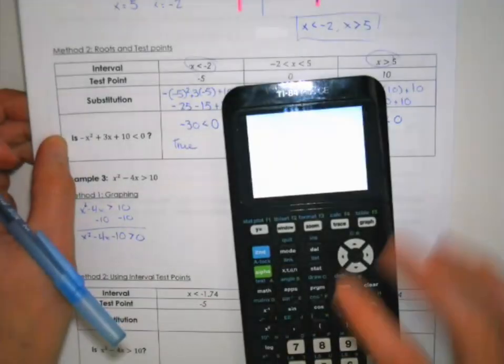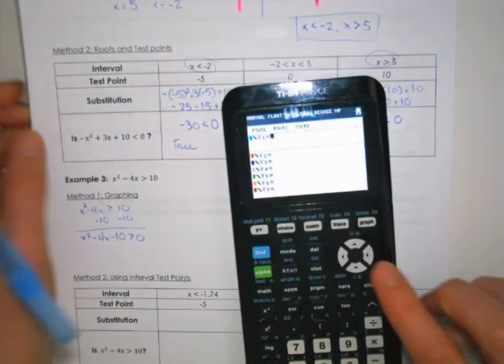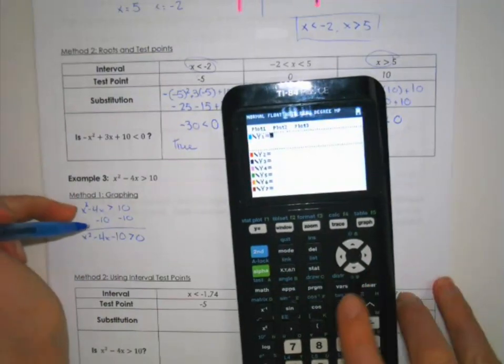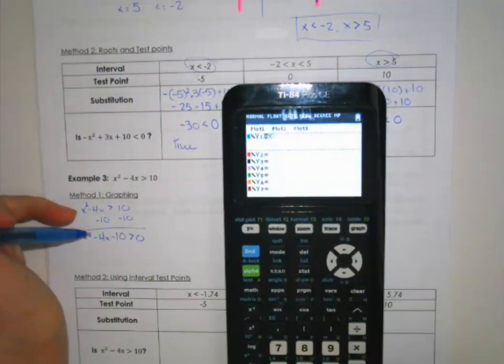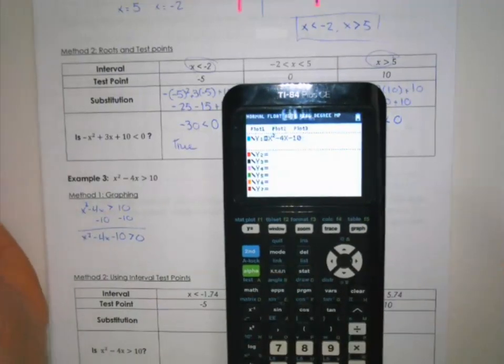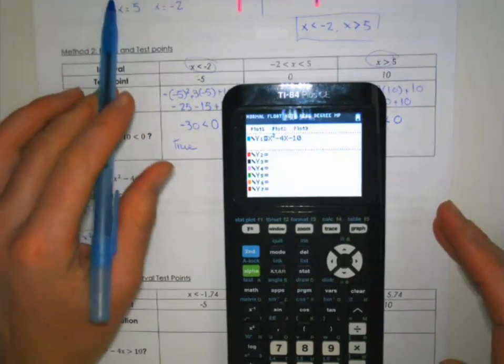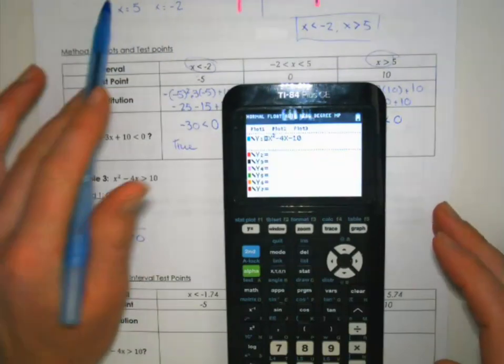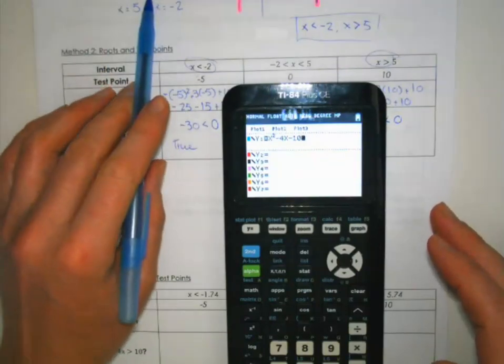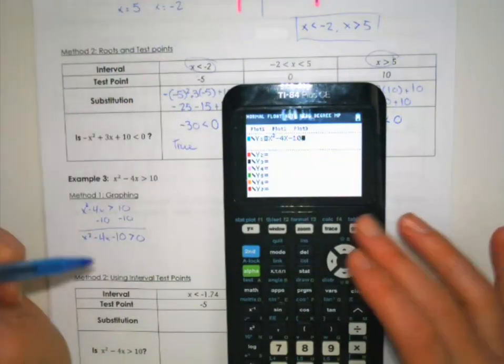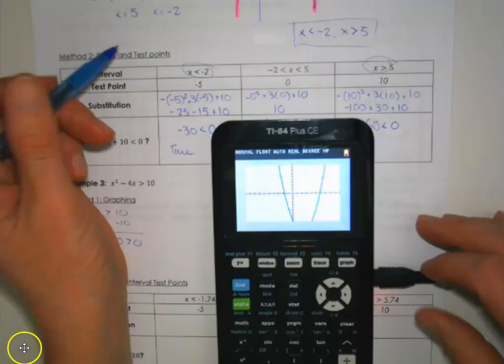So for this one, you go to y equals, and you're going to put in x squared minus 4x minus 10. And for any of the ones, even the ones that you would have factored, in a test you would probably be asked to show your factoring, but you can still put it into your calculator and check it against your solution just to make sure that you're on the right track.